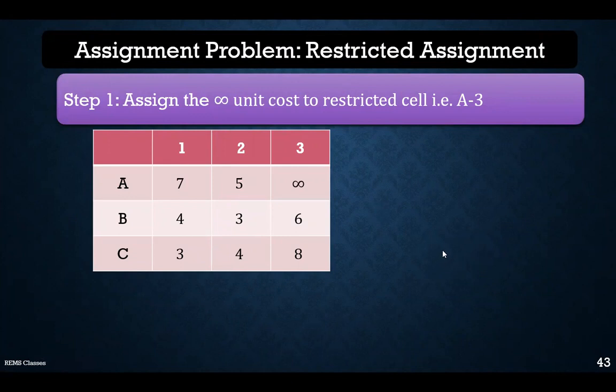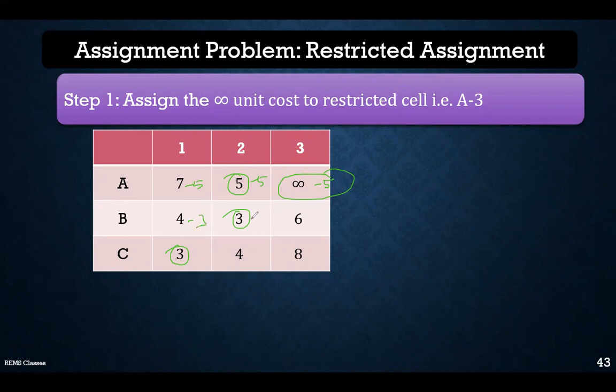Now we will solve the given problem by making use of the Hungarian method in the same way we solved the earlier problem. We will find the row minimum, and subtract the row minimum from each cell. In this particular row we have 5 as the row minimum. In this row 3 is the row minimum, and in this row 3 is the row minimum. If we subtract 5 from infinity, it will remain infinity.